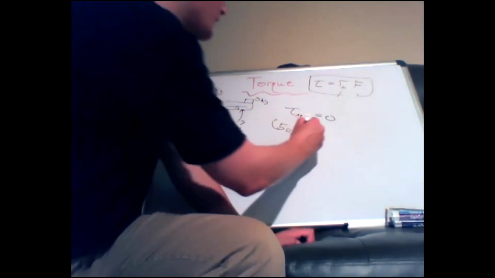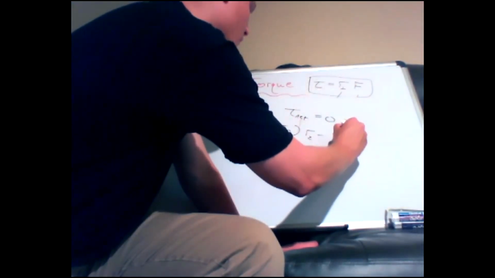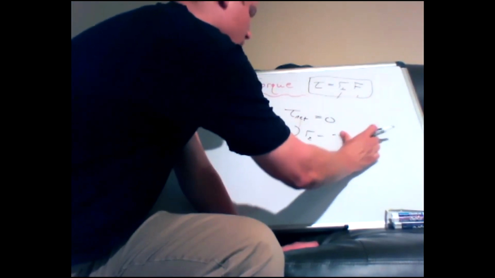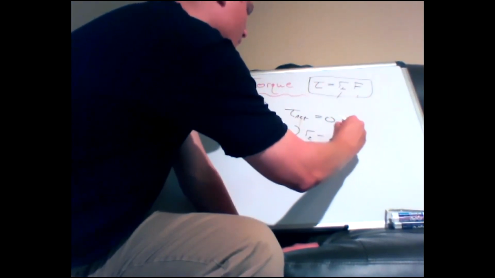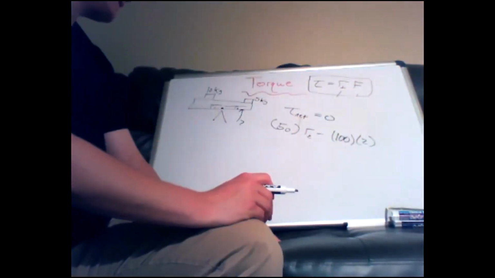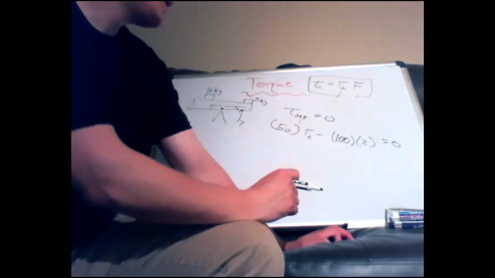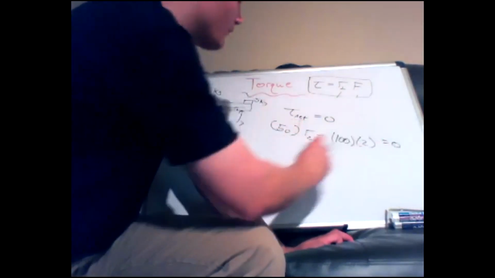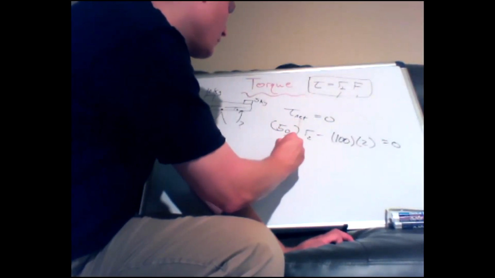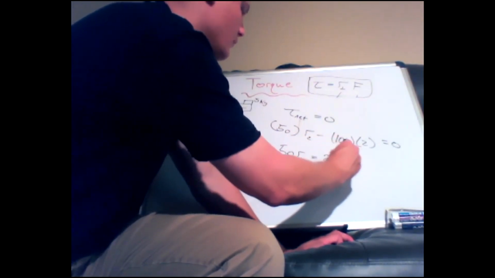All right, so it's 50 times R2 minus 100, sorry, 100 times 2, which is what the radius R1 is. And then that's all equal to 0. We want to solve for R2, so I bring this over to the other side. So we're left with 50 R2 is equal to 200.